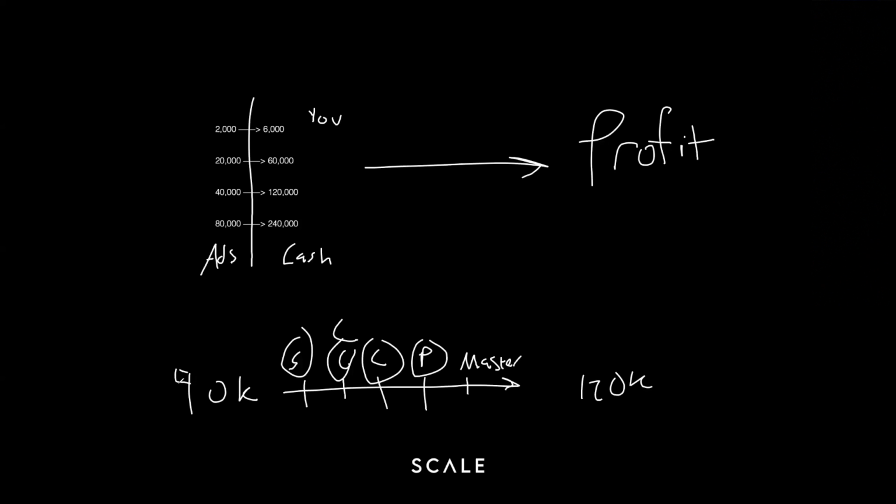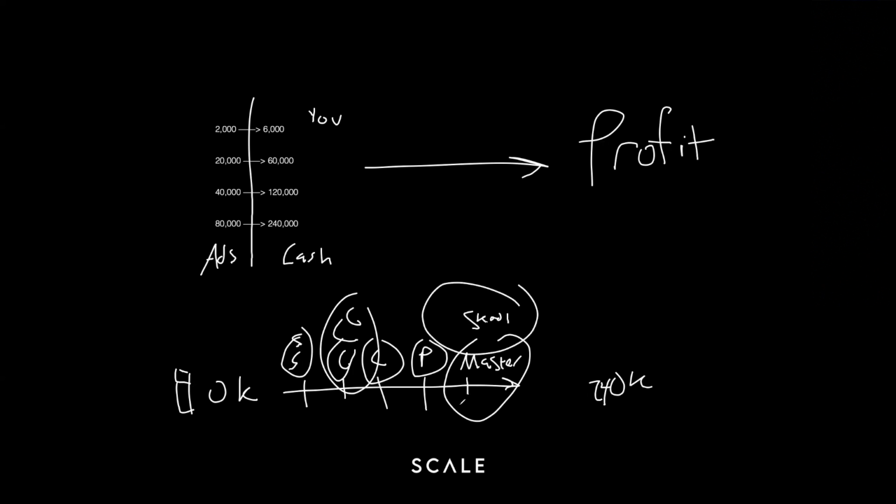What's the difference between 80K in ads and 240? Maybe it's three closers, right? Maybe it's two setters, one on Facebook. Maybe it's a mastermind, and then maybe it's a school group, low ticket. So these are the main two numbers, right? If you could dial those in, you can figure this stuff out in the middle.